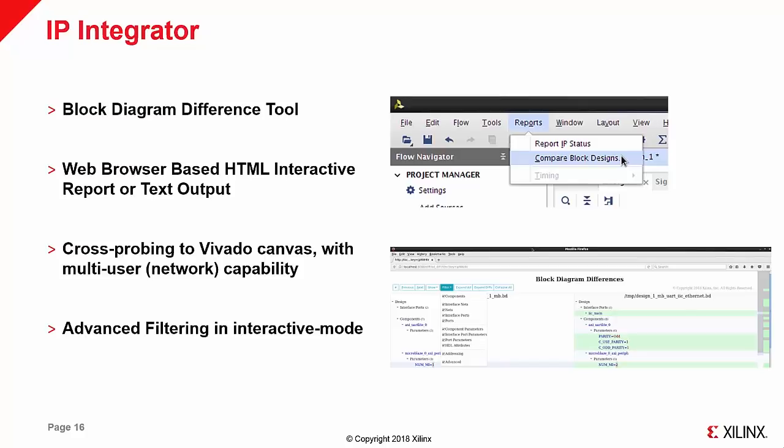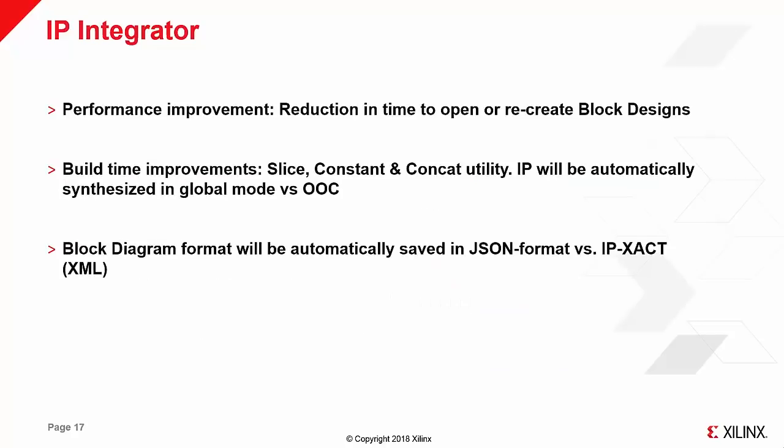The HTML-based report also supports advanced filtering, so you can adjust the results to only see what's important to you. We have also worked to make performance improvements to IP Integrator-based block designs. Loading designs, whether they're from BD, using WriteBD Tcl output, or a configurable example design, are much faster. In 2018.3, any utility IP such as a slice, concatenate, or constant block will be synthesized automatically using global synthesis.